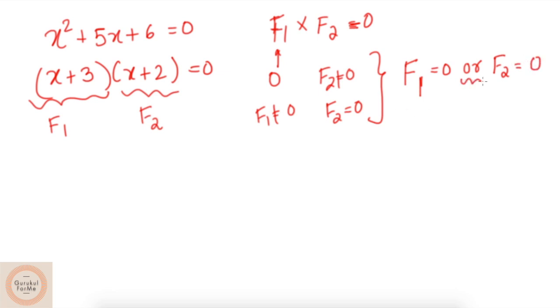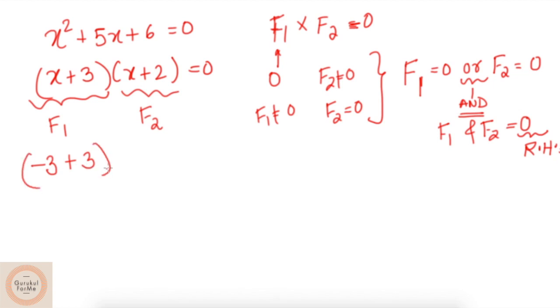Some people get confused why this is OR and not an AND. When you say an AND, it forces F1 and F2 both to be 0 in order to make the right hand side equal to 0, but that is not the case. For example, let us look at this case. If I substitute x as minus 3, minus 3 plus 3 and minus 3 plus 2 is equal to 0?